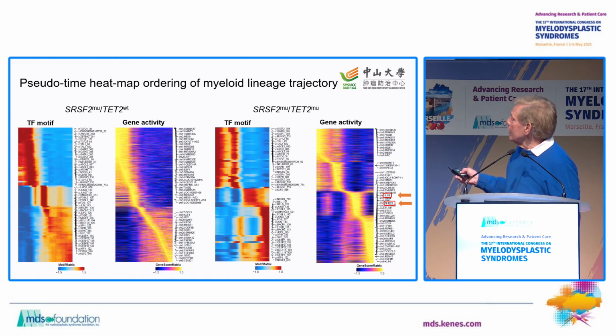If you look at the transcription factor motifs, they are not extraordinarily different. But if you look at the gene activity motifs, you see this dramatic difference here. And the major difference is in interleukin 1B and NLRP3. So as I go on, you'll see why we focused on these two.